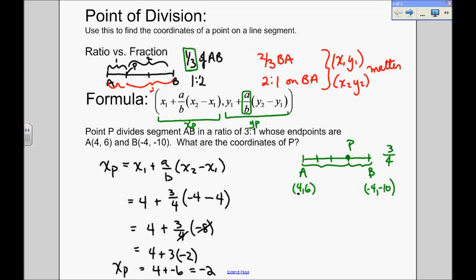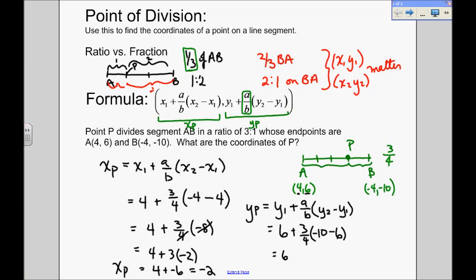I need to do the exact same thing with the y-coordinate. So my y for P is equal to y1 plus the fraction times y2 minus y1. So I again just substitute in my values. The first y-coordinate is 6 from here. My fraction I found was 3/4. And my y2 minus y1 is negative 10 minus my first y-coordinate, which is 6.